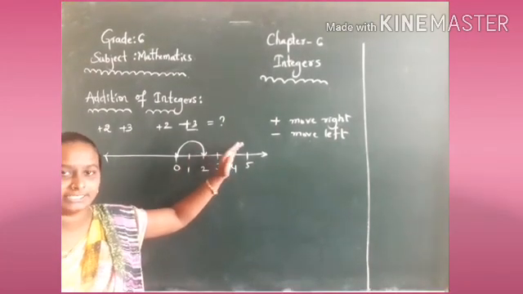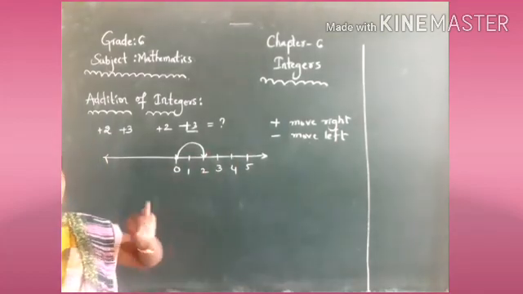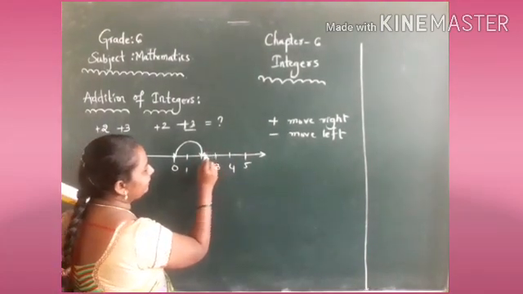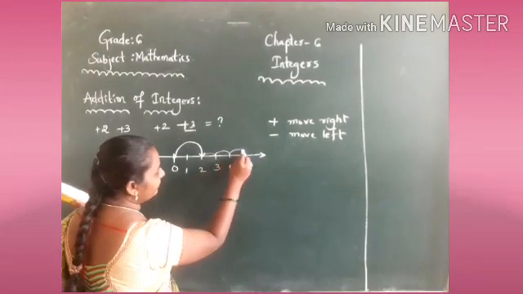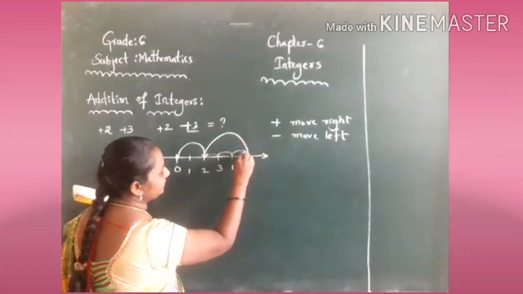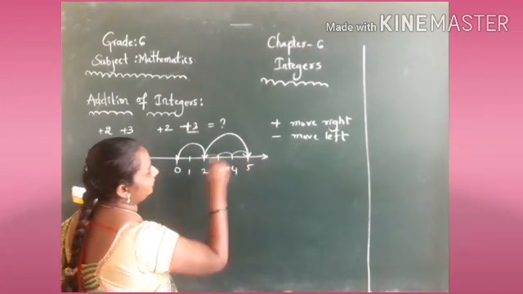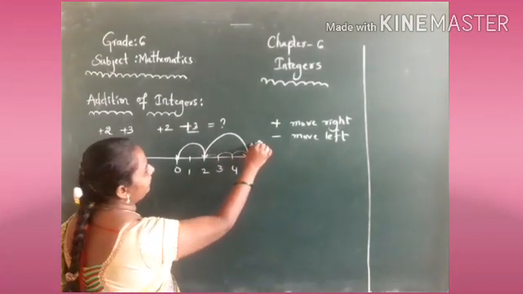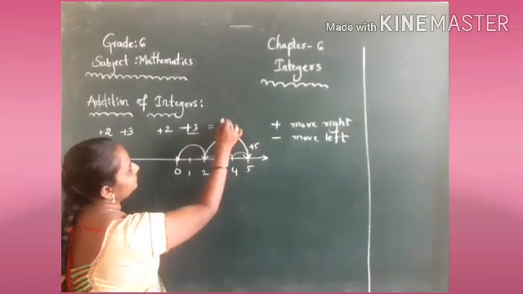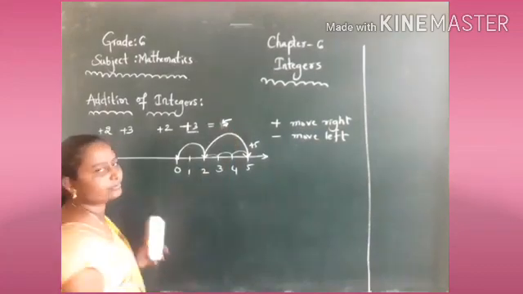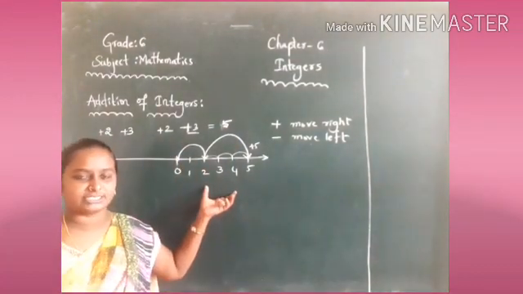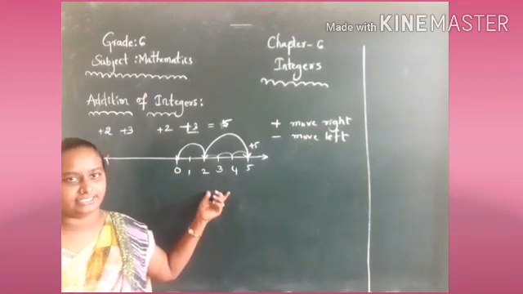That is from 2 to 3, 3 to 4, 4 to 5. Now finally you reached 5. So it is plus 5. Now tell me, 2 plus 3 gives 5. This is the addition of integers using the number line.